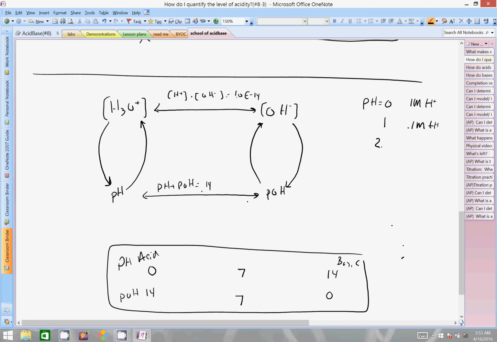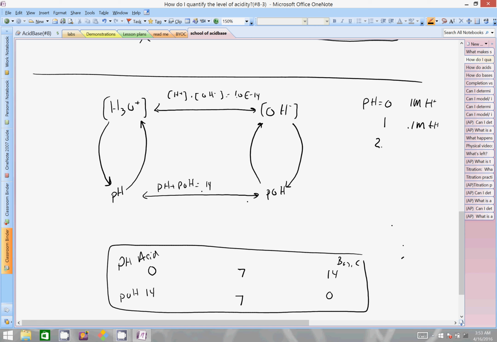So you would note that the deviation between the first two is 0.9. And the difference between 1 and 2 is 0.09. And the difference between 2 and 3 is 0.009. So it's not a linear scale.